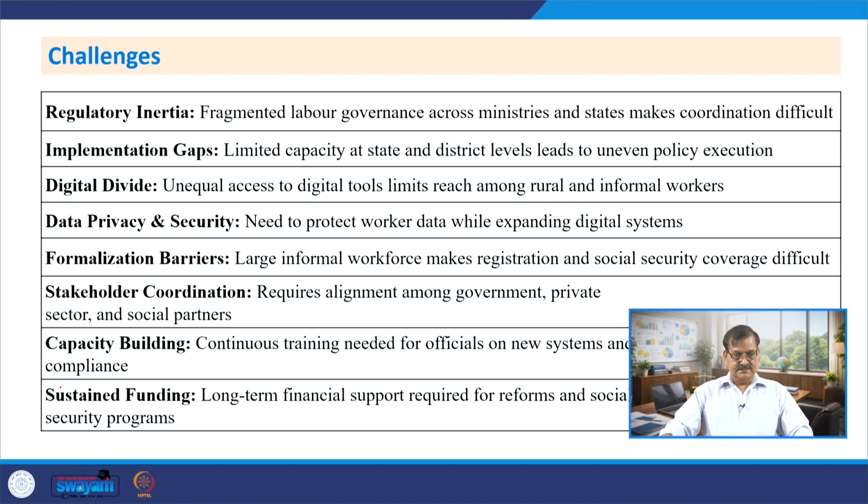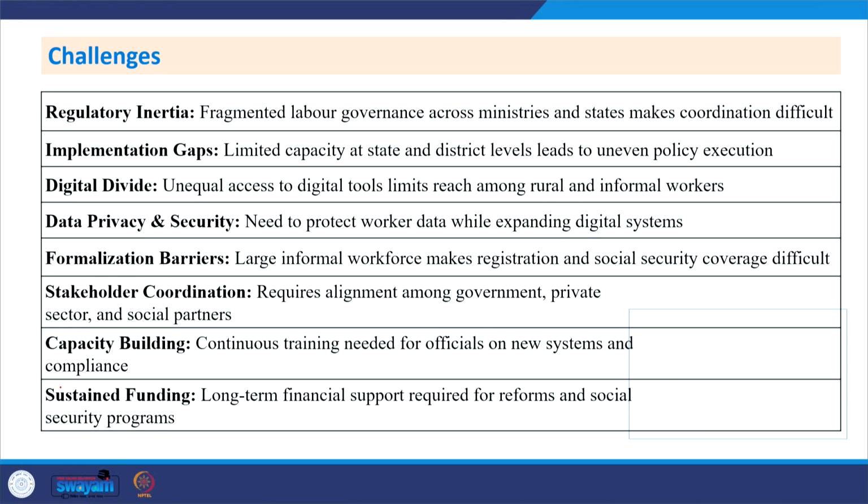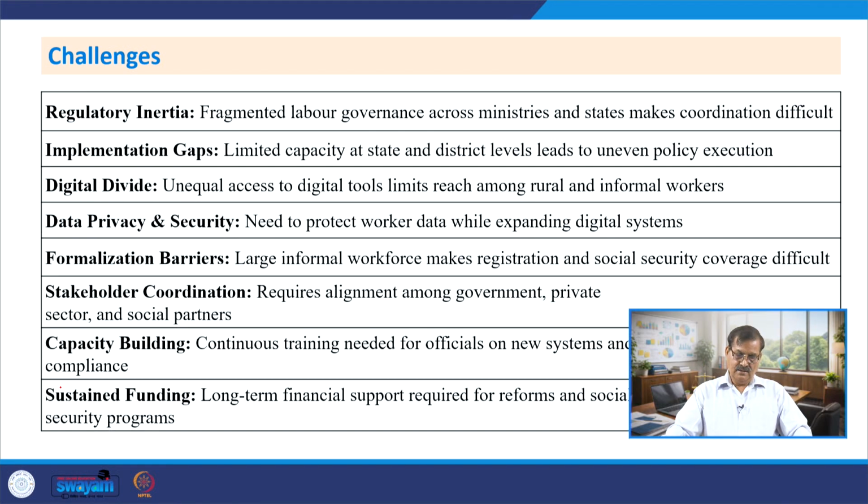There are a few challenges to implement these policies. First is the regulatory issue. Fragmented labor market governance across ministries and states makes coordination difficult, as this policy talks about an effective coordination among the different stakeholders.